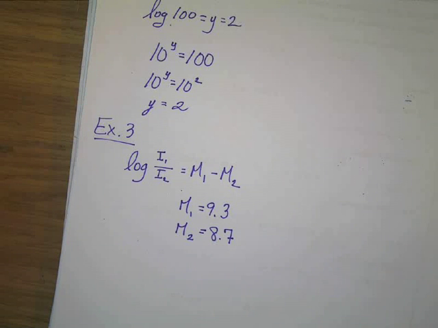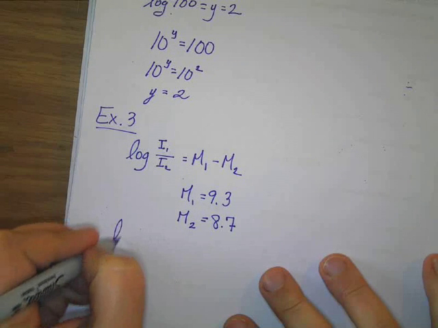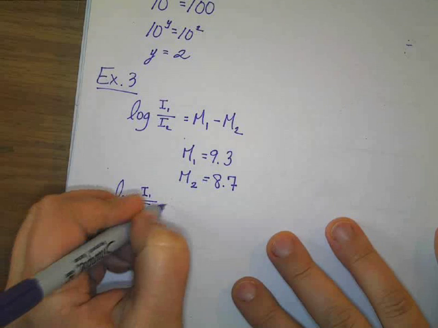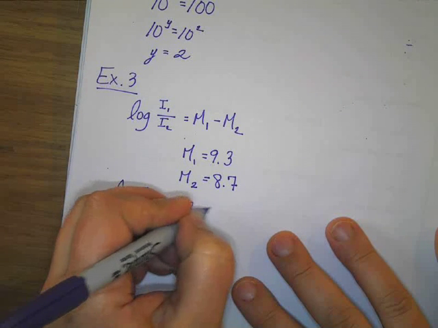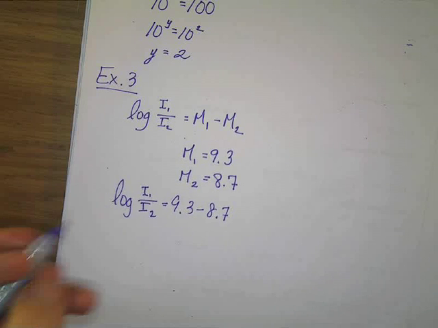Let's plug in our M1 and our M2. So 9.3 minus 8.7. What's 9.3 minus 8.7? 0.6.